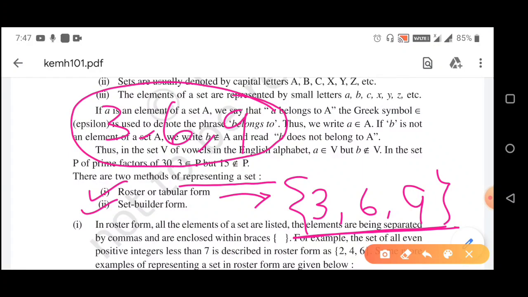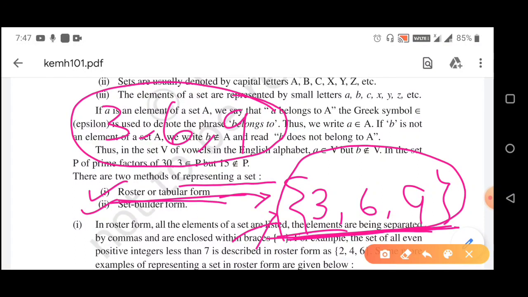First of all, to write a collection in this way, the collection should be well defined. If the collection is well defined, then that is called a set. And whenever it is a set, we can use these curly brackets and commas to represent the collection in roster form. Now we can denote this set by capital letters.